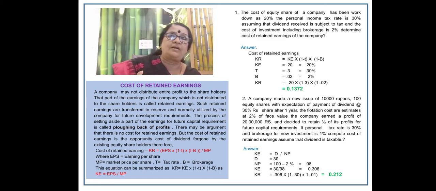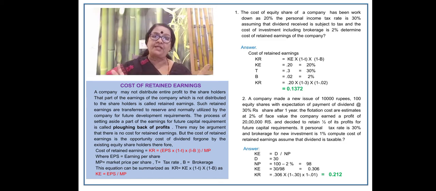The equation for computation of cost of retained earnings is KR = EPS × (1 − T) × (1 − B) / MP. Here EPS refers to earnings per share, that is how much income we are earning per share of investment, MP is the market price per share, T is the tax rate, and B is brokerage.